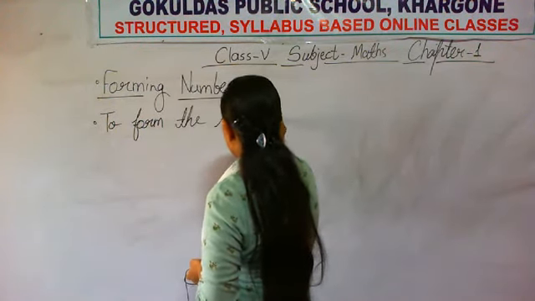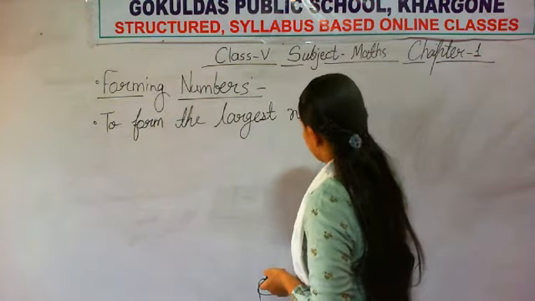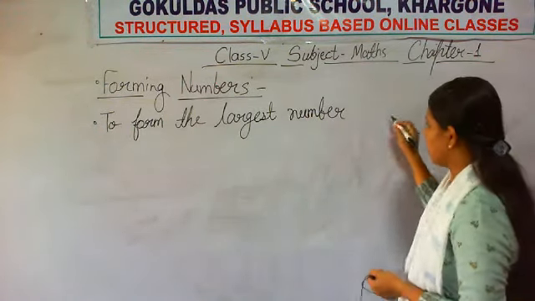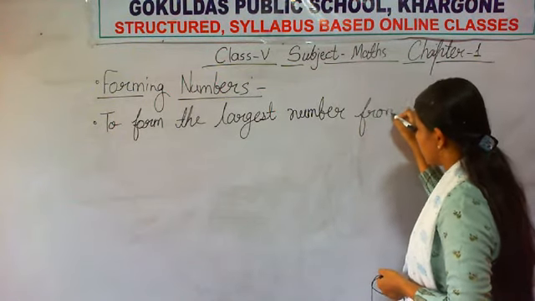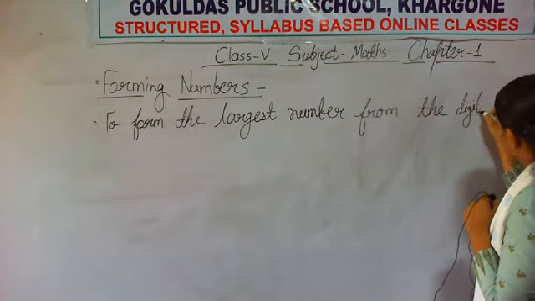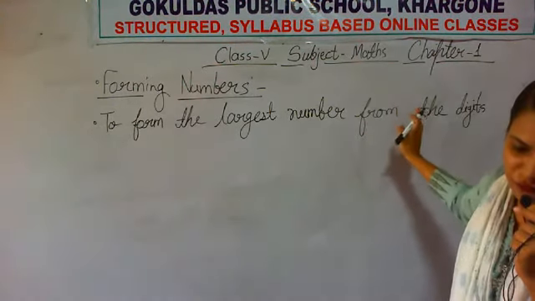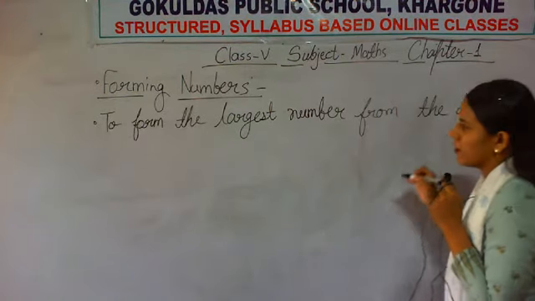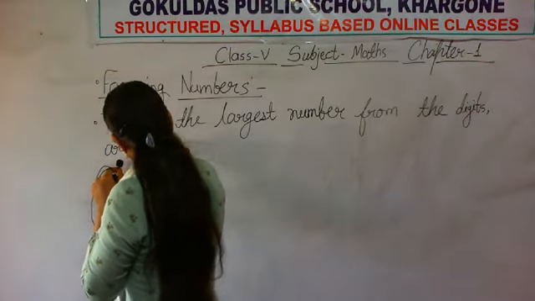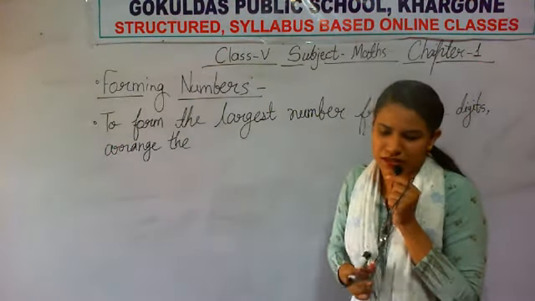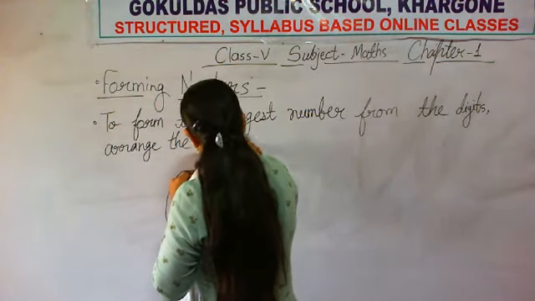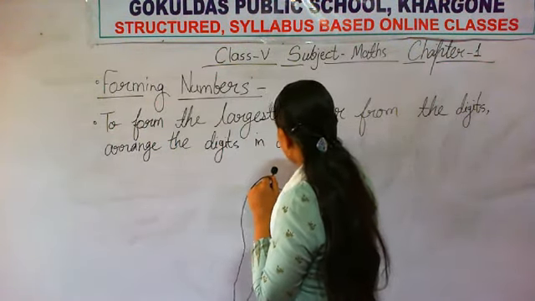To form the largest number from the given digits, arrange the digits in descending order.